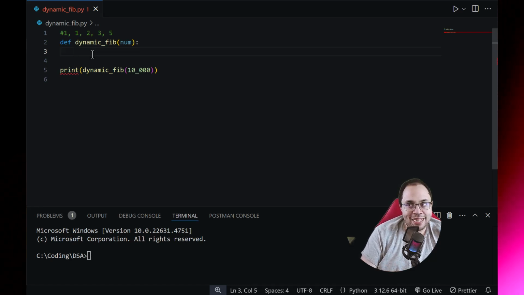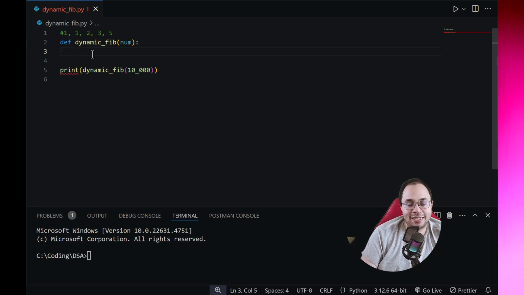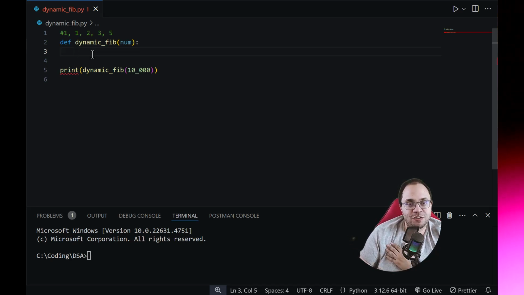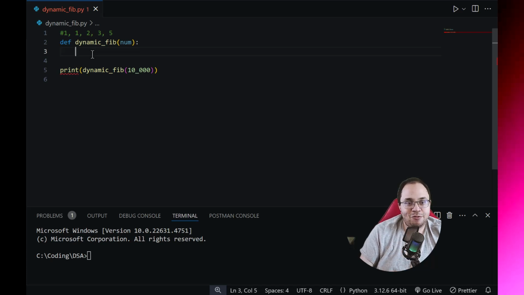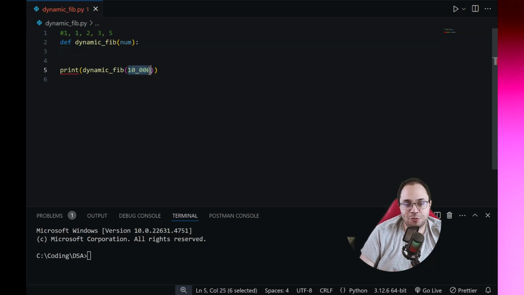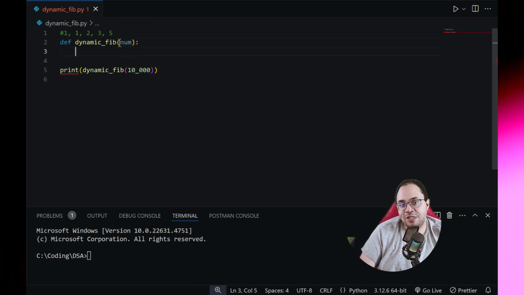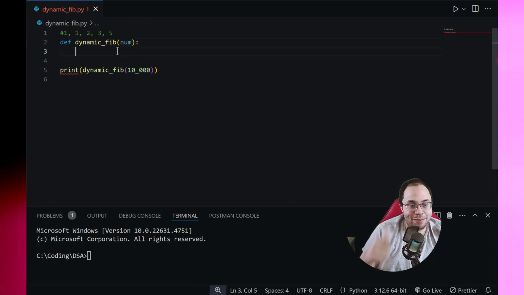In recursion we came up against a hard limit. We couldn't, for example, go above 999 because Python will only allow us to make up to 1,000 recursive calls. So what happens when we want to figure out the Fibonacci number for a super high number? Like 10,000 actually isn't super high, but with recursion we couldn't do this. With dynamic programming we will be able to.